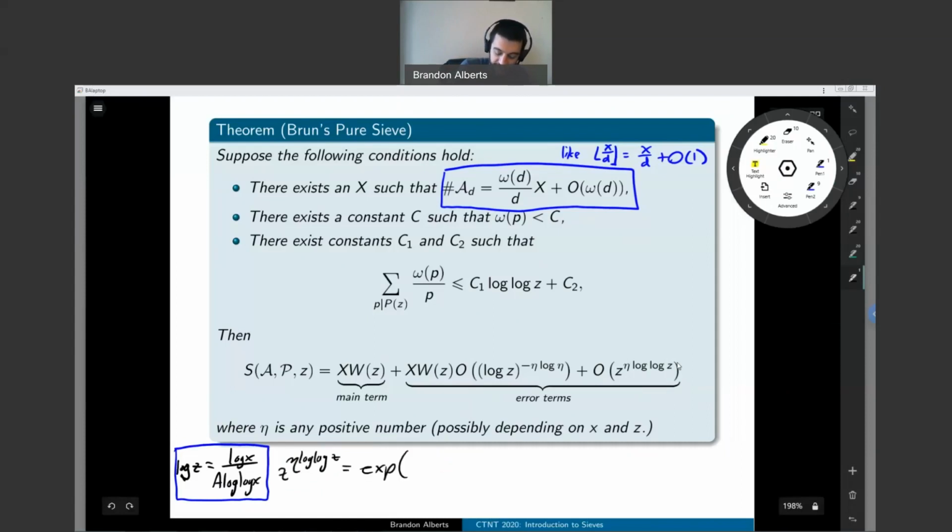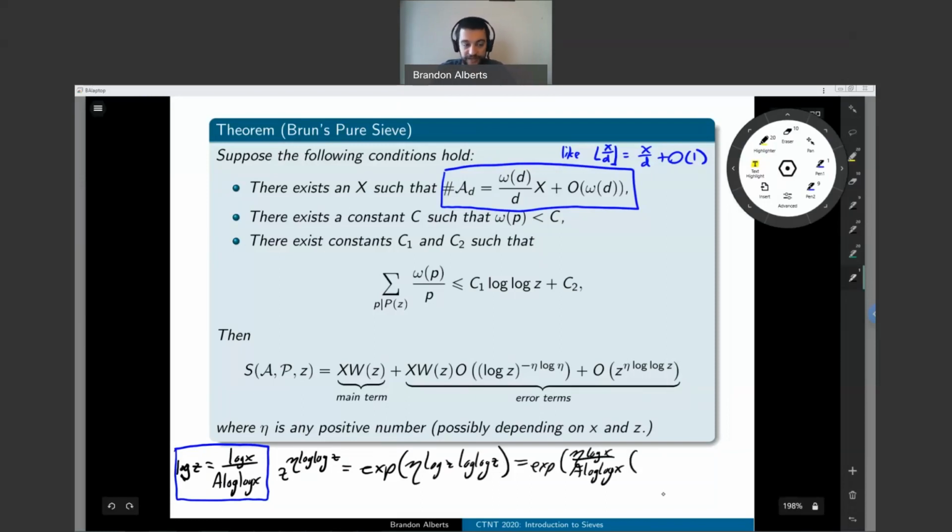This is the same as the exponential of eta times log z times log z. So we plug in what we know log z to be. This is the exponential of eta log x divided by a log x. And then we have log of log z.